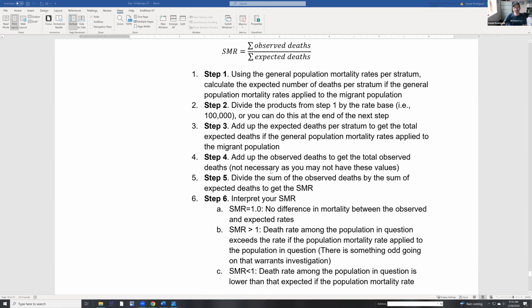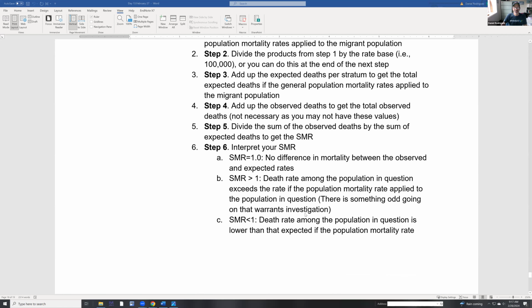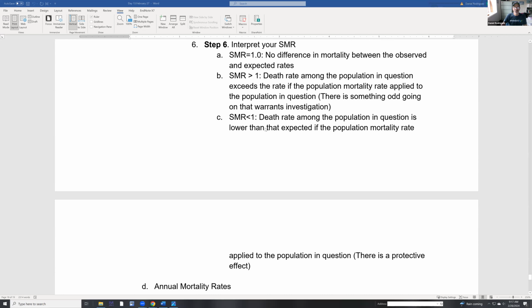That's what differentiates this method from the direct method. Step 5, divide the sum of the observed deaths by the sum of the expected deaths. This sign sigma here indicates addition or summing. And then you interpret your results. I already gave you what the interpretation means in terms of its relation to 1.